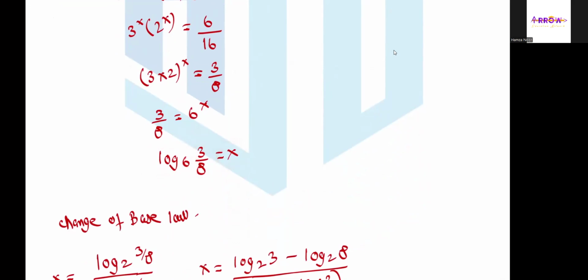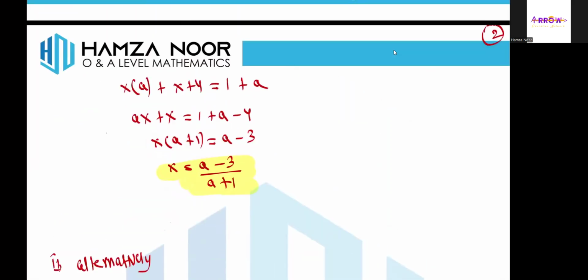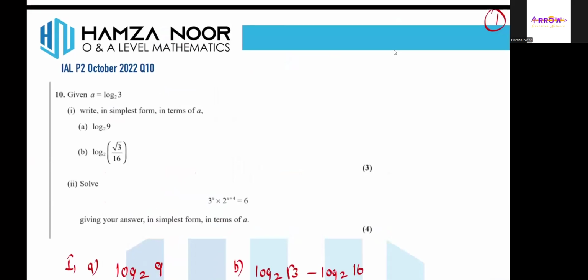I can also read it like this: log to the base of 6 argument 3 over 8 is equal to x. But specifically we need our answer in terms of a, where a is log with base 2 argument 3. I need to make the base 2, not 6.